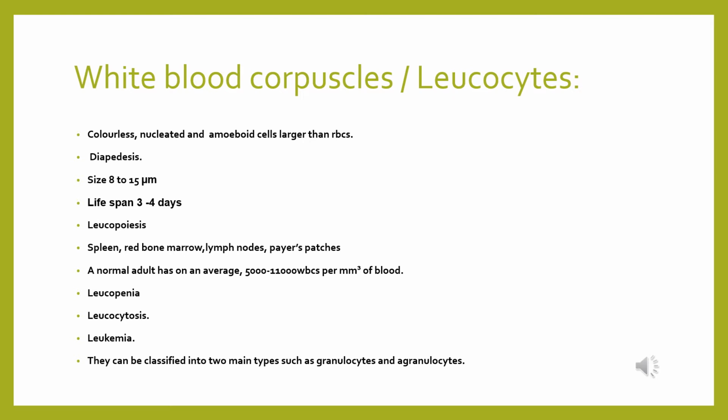Now, we know that blood cells are formed by the process of hemopoiesis. Similarly, the WBCs or leukocytes are produced by the process of leucopoiesis in various leukopoietic organs. In our body, the leukopoietic organs are the spleen, red bone marrow, lymph nodes, and Peyer's patches.